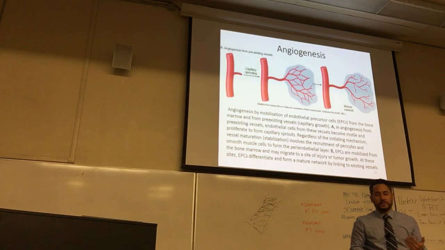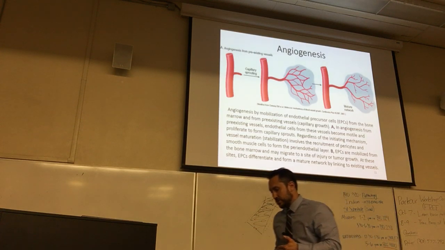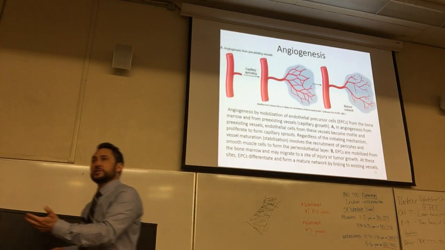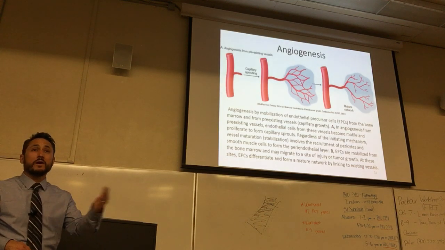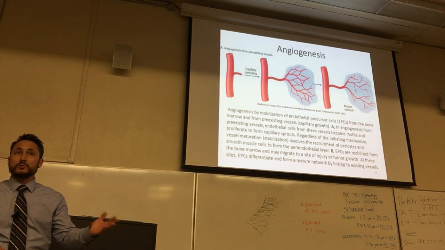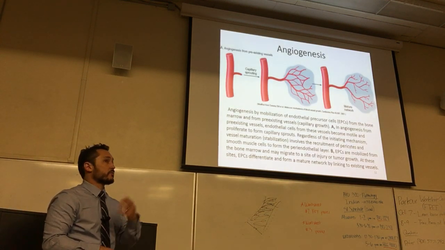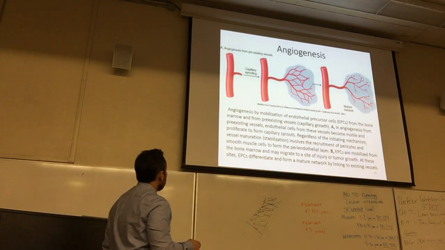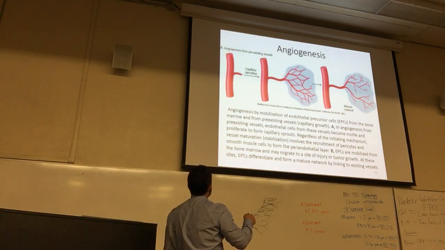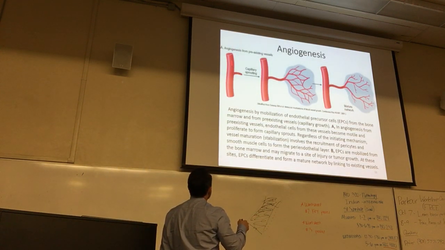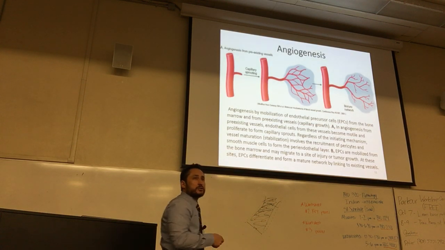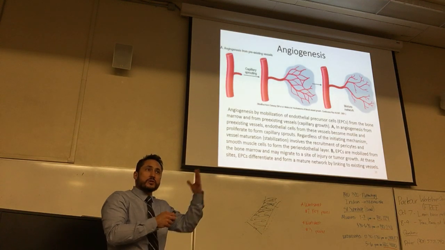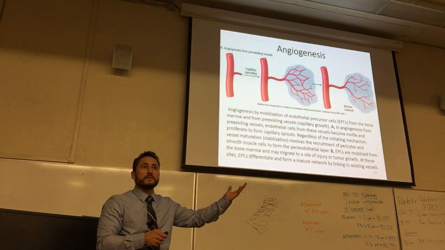I mentioned earlier that if you're going to heal a tissue, you actually have to have nutrition in that tissue bed. If you don't have nutrition in the form of blood flow, it will never resolve. It will never heal. It'll never regenerate. The angiogenesis process begins by sprouting of a blood vessel. You've got a blood vessel here. It creates a little sprout, kind of like a tree growing a new branch or a new leaf.